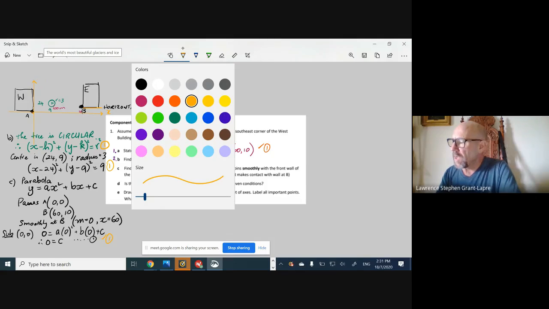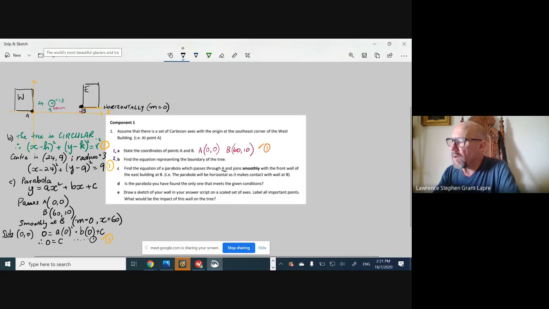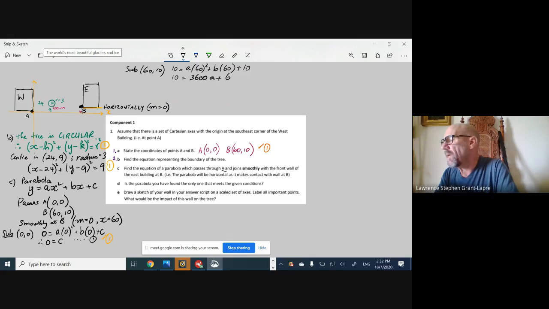Okay, so let's look at substitute. I'll carry on up here. Substitute 60, 10. Therefore, 10 equals a times 60 squared plus b times 60 plus 0, because we already know c is 0. So 3,600a plus 60b.